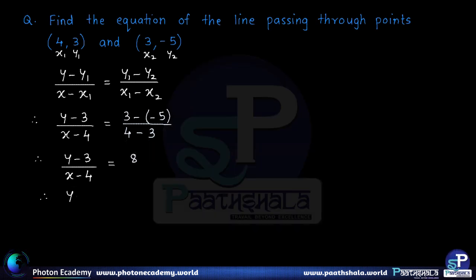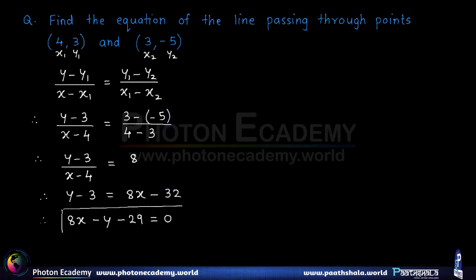So we have y minus 3 is equal to 8x minus 32. So bringing all terms on one side, 8x minus y minus 29 is equal to 0. Right? We bring y and minus 3 on the right hand side so that we can have an entire expression on one side and 0 on the other side. So that's the equation of the required line.